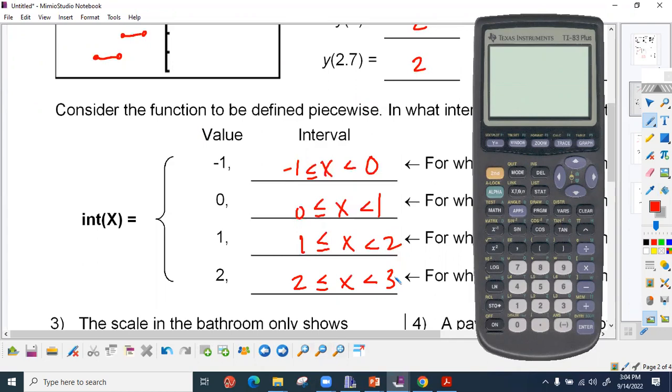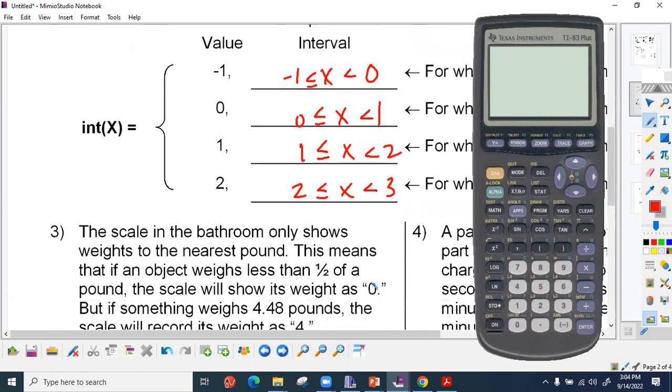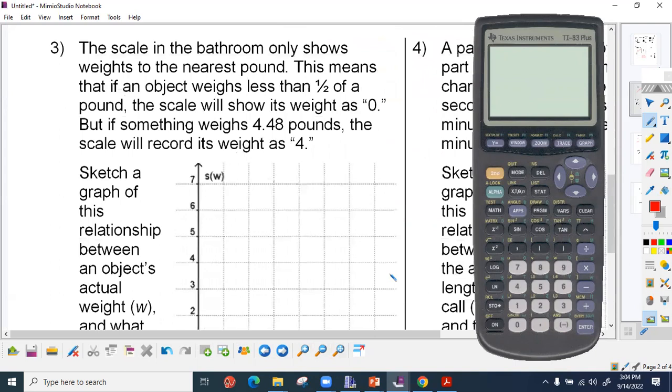If I want to get the value of 5, what would my interval be? If I wanted the value 5, what would my interval be? 5 is less than or equal to x, less than 6. So why did you need me to slow down? Just verifying. Okay.